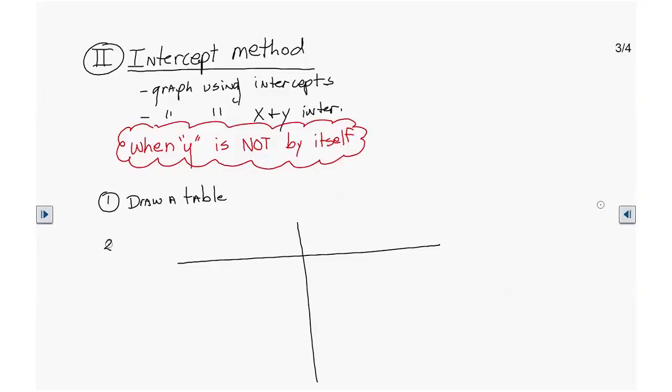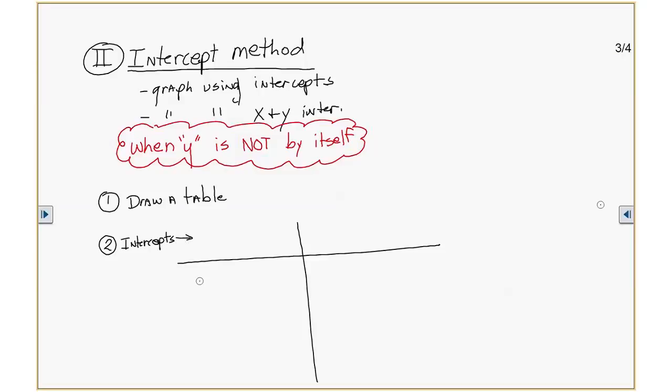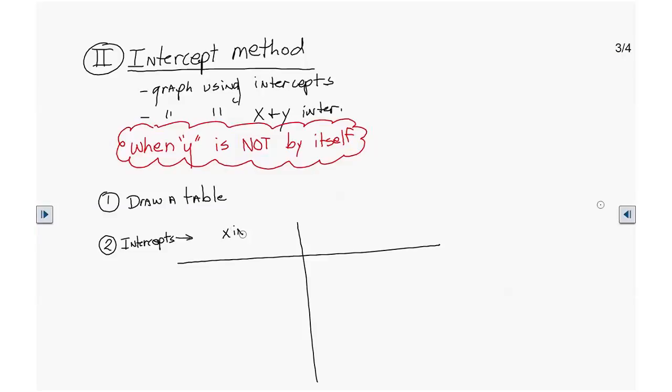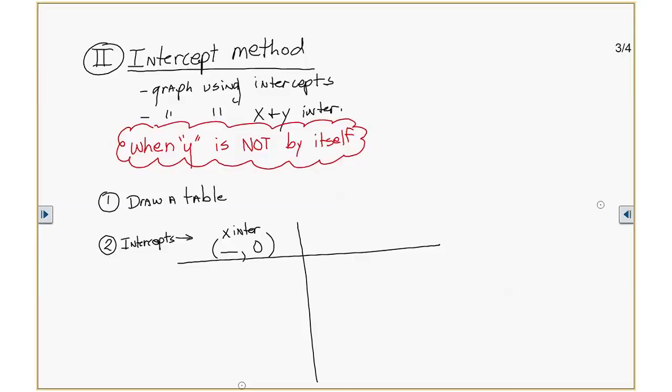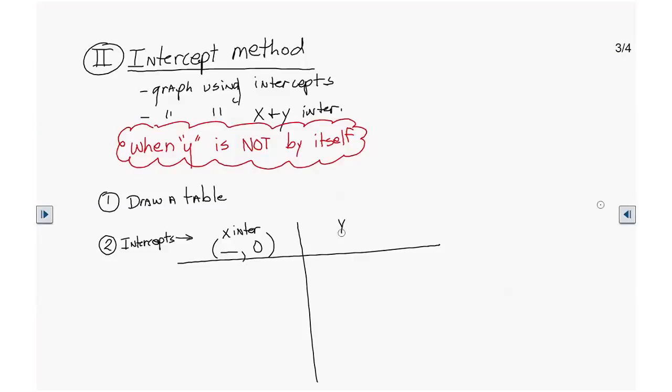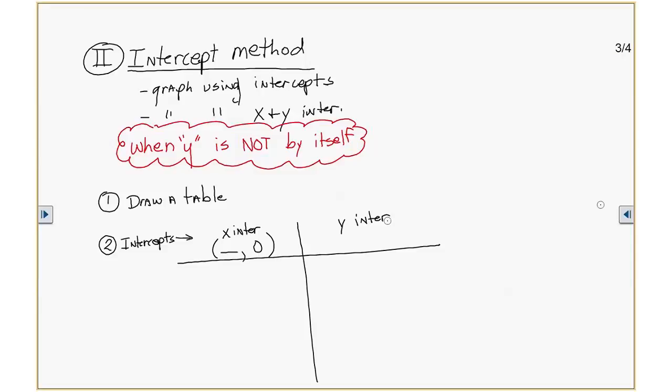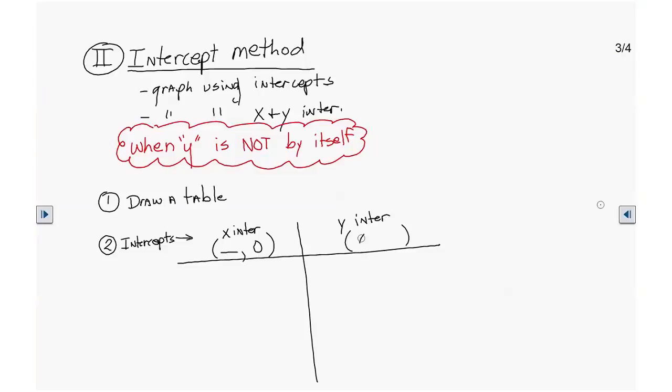Two intercepts. Over here, I'm putting the x-intercept, 0 for y. Over here, I'm putting my y-intercept, 0 for x.